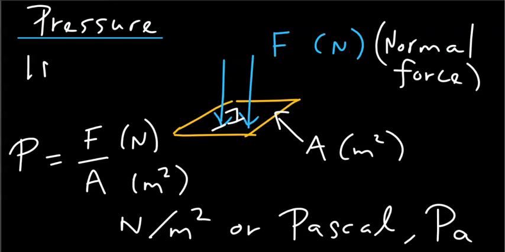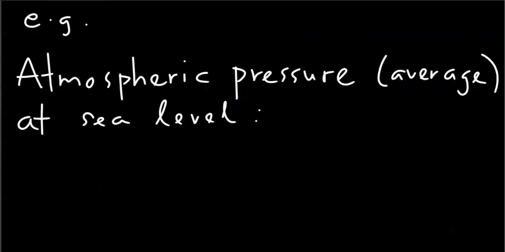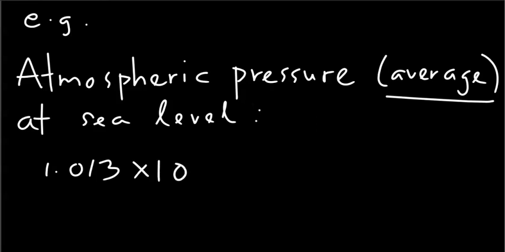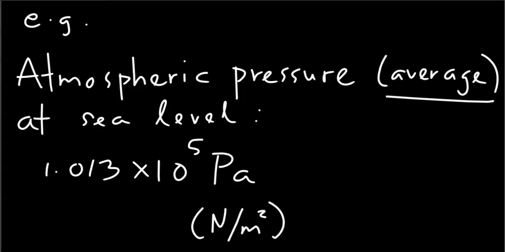So 1 Newton per meter squared equals 1 Pascal. The average value for atmospheric pressure at sea level is 1.013 times 10 to the power 5 Pascal, or Newton per meter squared.